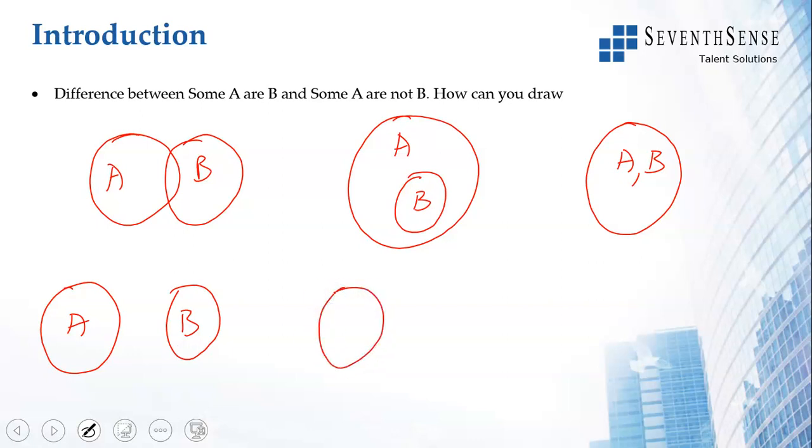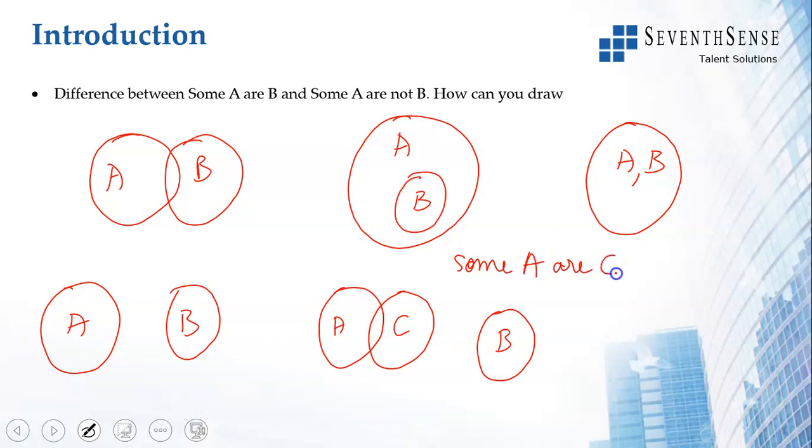And if you have, let us say, some A are C, let me give you an example. Some A are C. No C is B. If you have the statements some A are C and no C is B, then you can draw it in two ways. One way to draw it is like this.